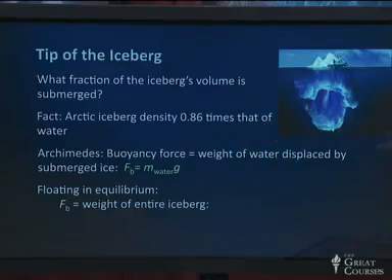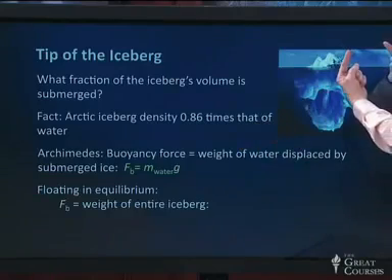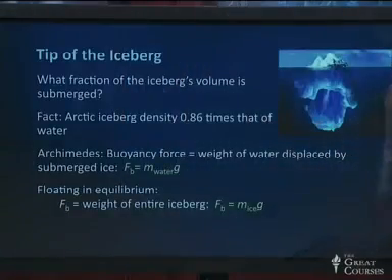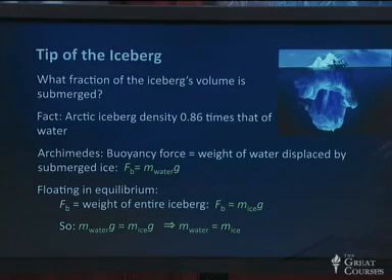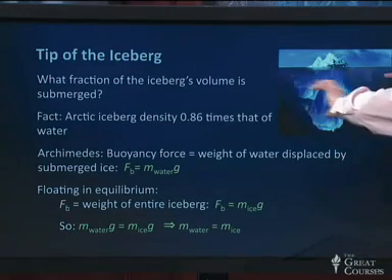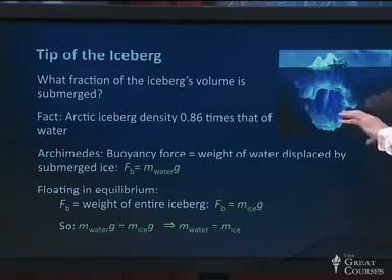If we're floating in equilibrium, that buoyancy force floating at the surface is supporting the entire iceberg. So the buoyancy force also has to be equal to the weight of the entire iceberg. F buoyancy is m ice times g. So what that means is m water times g is m ice times g. The g cancels, and we conclude that the mass of the water that was displaced by the iceberg is equal to the mass of the entire iceberg.